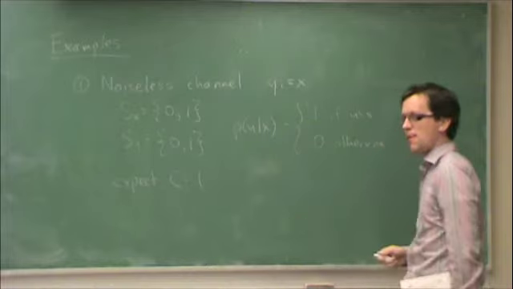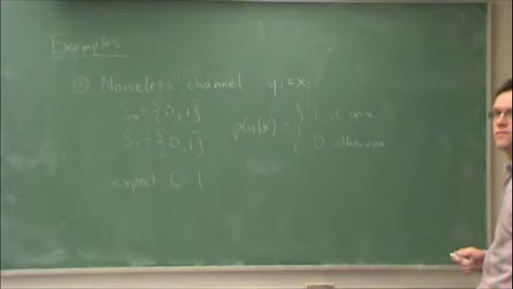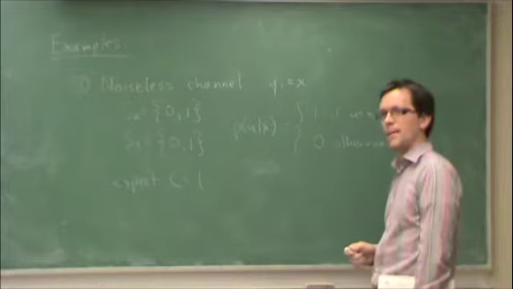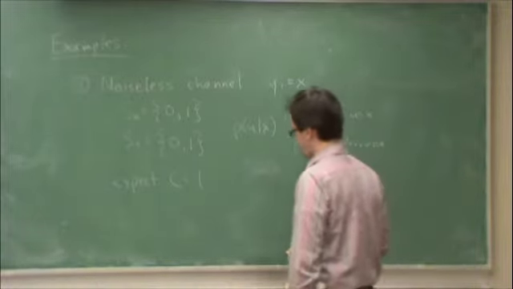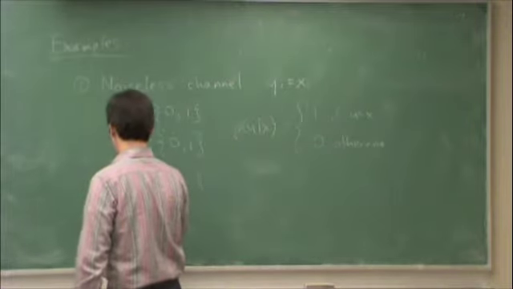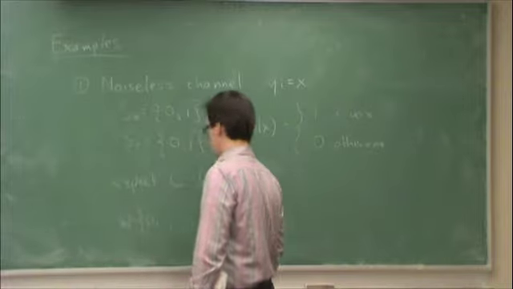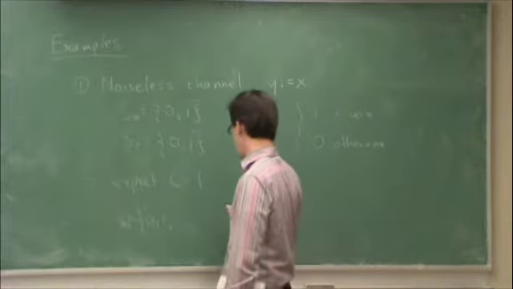What's the physical meaning of capacity? As you just said, you send 1, you get 1. I understand the mathematical side, but how should one feel about it? So here's a way to think about it. Here's our message set. Let's say there's a power of 2 messages.